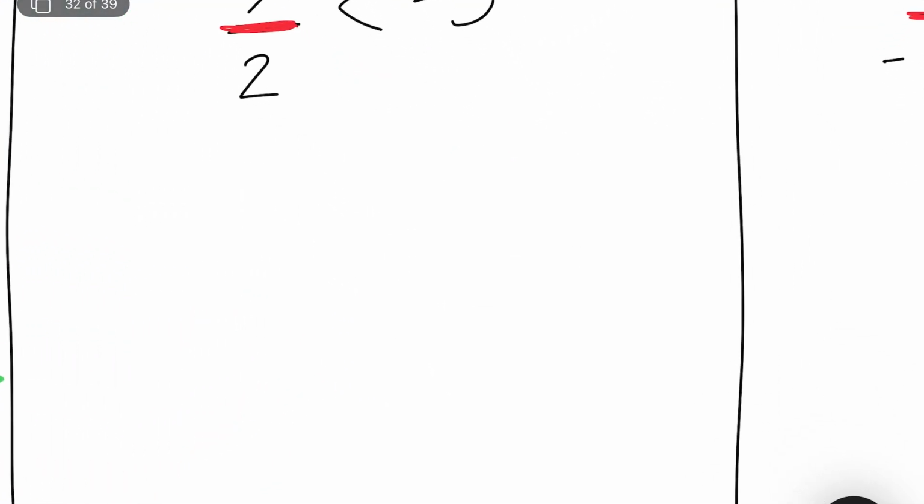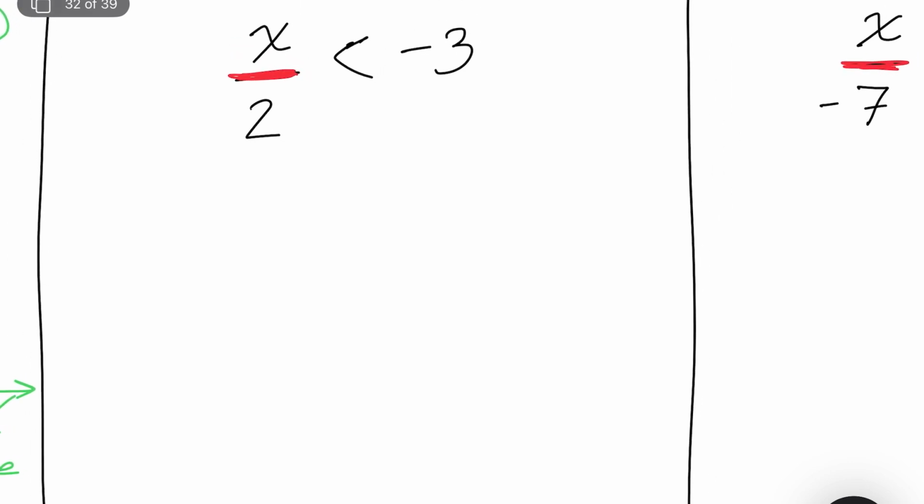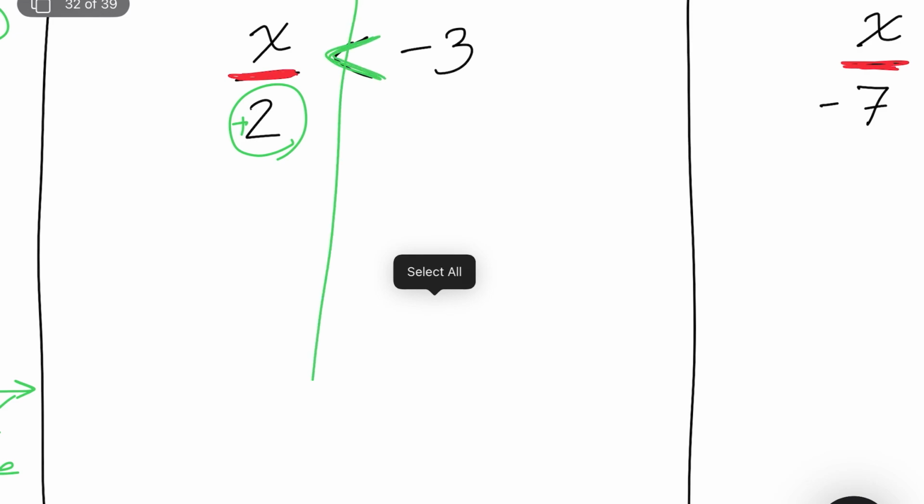Let's do this one: x over 2 is less than negative 3. Don't freak out once you see a negative. I focus only on the number next to the variable. This number is a positive number, so my inequality sign will stay the same. x over 2 means x divided by 2. To cancel division, we multiply by 2 on both sides. I only have x.